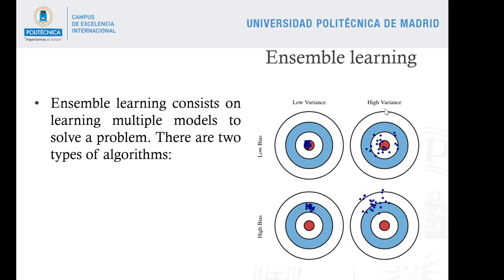If we have high variance but low bias, decision trees are here. It means that on average, the classification trees work well, but there is a very high variance. If we modify the learning data set, or the learning fold, we may be here or here.